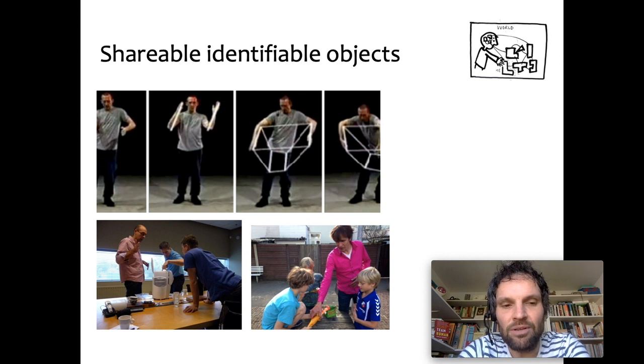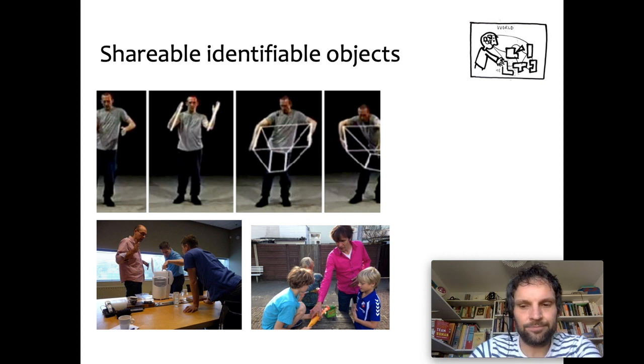Lots of meta level discussions around this water cooler, and it literally happens around this water cooler. So they're using the prototype to talk about all kinds of stuff, and they have a shareable, identifiable object that they can point to, reference, walk around, show to others, and so on, in order to express what they have in mind.